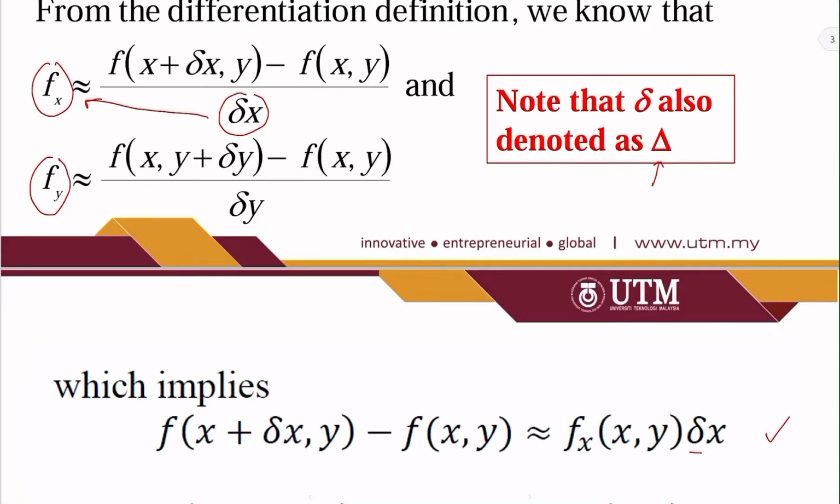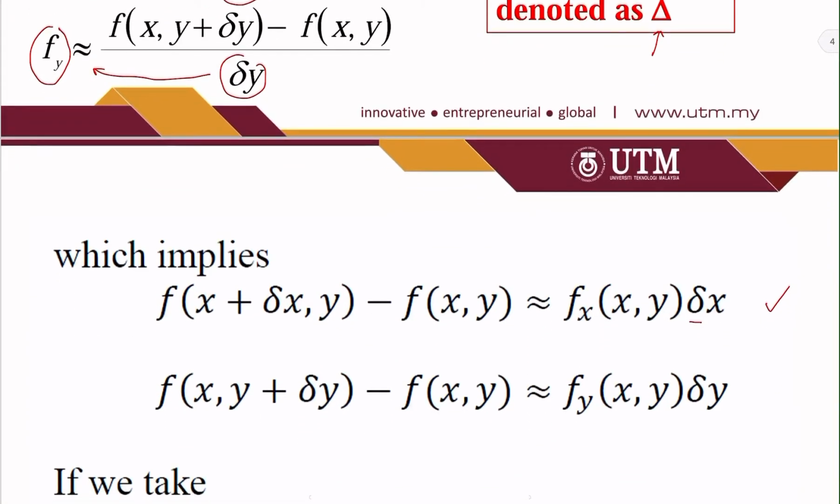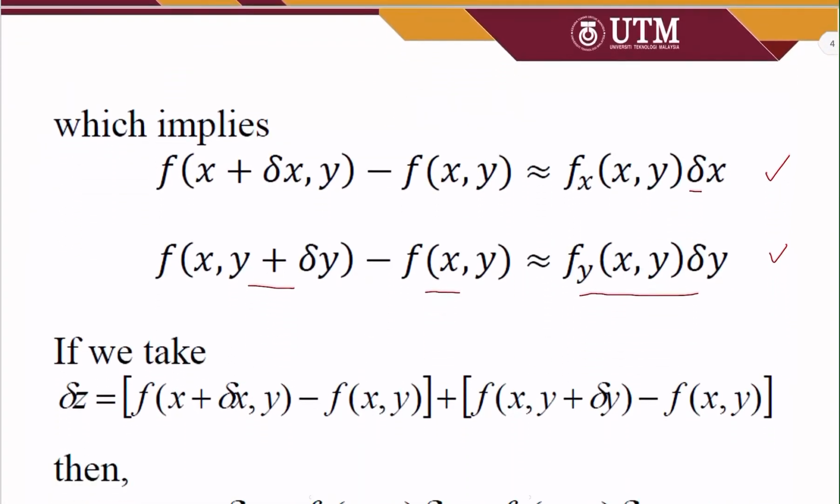The same goes for the delta y: if we bring it to the left hand side, it will be like this. So f(x, y plus delta y) minus f(x, y) is equal to fy(x, y) delta y.